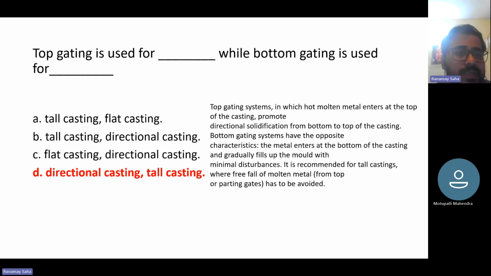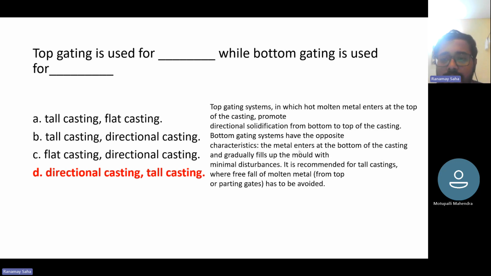Now it says top gating is used for. We all know that top gating gives rise to a favorable thermal gradient. In top gating, hot molten metal enters the top of the casting, and directional solidification happens from the bottom to the top of the casting because of the favorable thermal gradient. Bottom gating systems have the opposite characteristics.